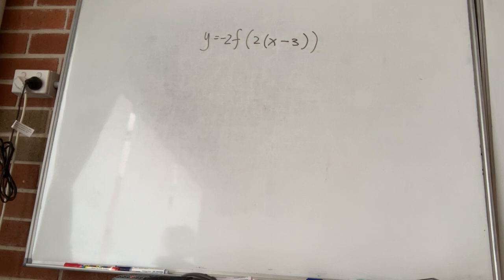You can do all the vertical first and then all the horizontal, or you can alternate, dilation, translation. That's fine. But that for me is a bit confusing. I always do all the vertical and then all the horizontal. It's easier for my brain to work with.